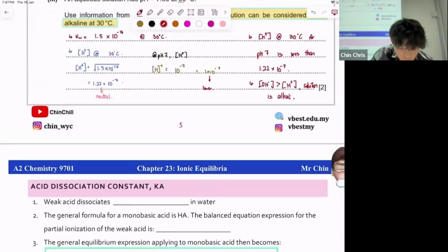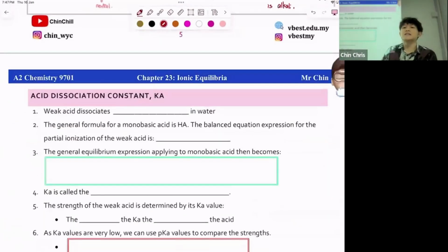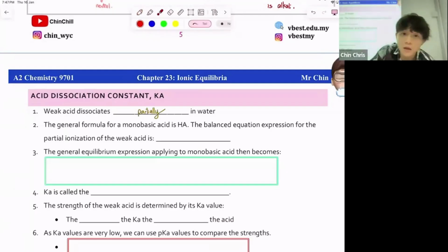All right, guys, now let's look at page 6. We have the acid dissociation constant. First, let's look at weak acid. Weak acids dissociate partially in water. The general formula for a monoprotic acid is HA.